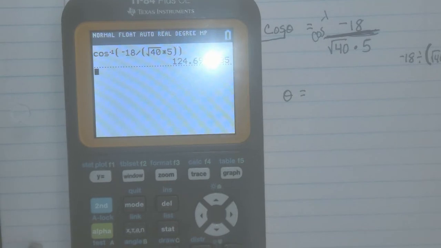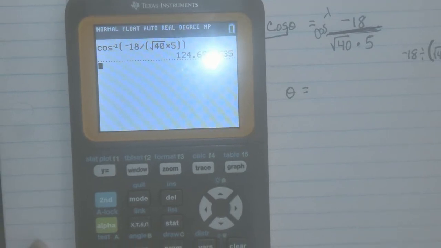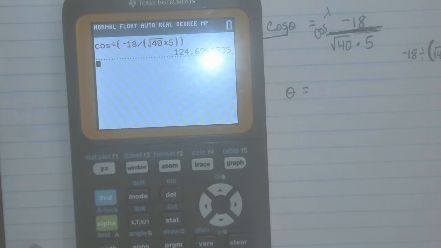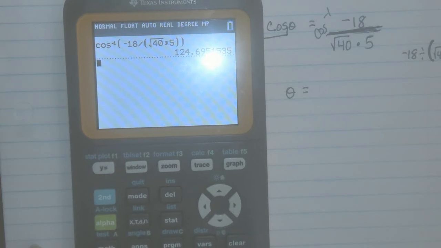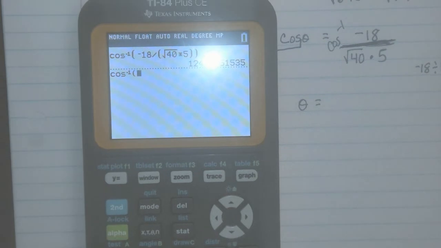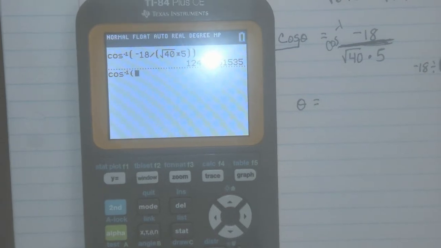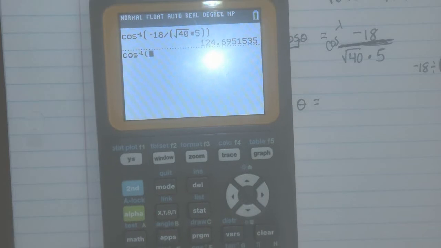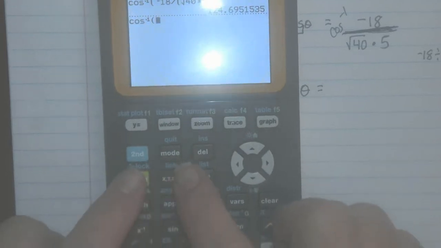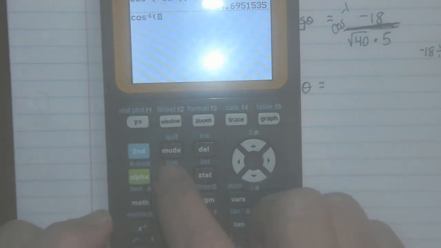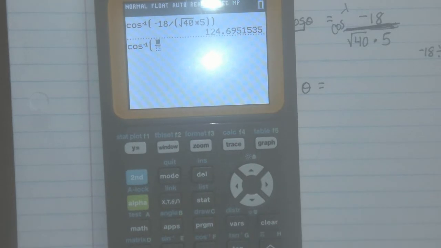Alright. Suppose you're one of those people and you're like, yeah, Miss Collier, I'm always forgetting those parentheses. Well, you can do second cosine, and you can have your calculator put it in fraction form for you. And there's two ways to do it. One is to press the alpha with the variable key, and up pops your fraction.